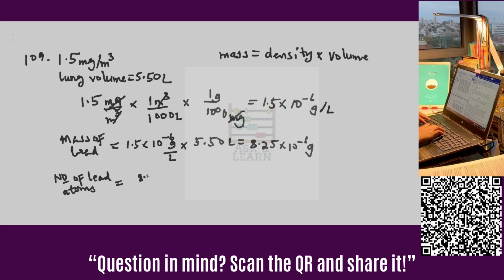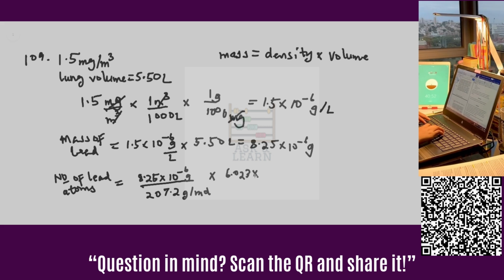So we just have to do 8.25 times 10 to the power minus 6 grams over 207.2 grams per mole.